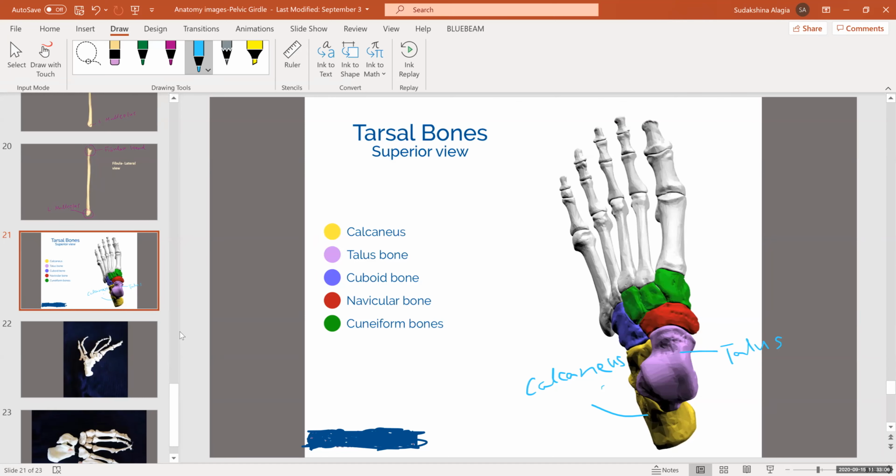The navicular almost looks like a half moon, which articulates with talus. Navicular. Cuboid, as you can see, is the lateral aspect, articulating with calcaneus. Cuboid. And then there are cuneiforms.